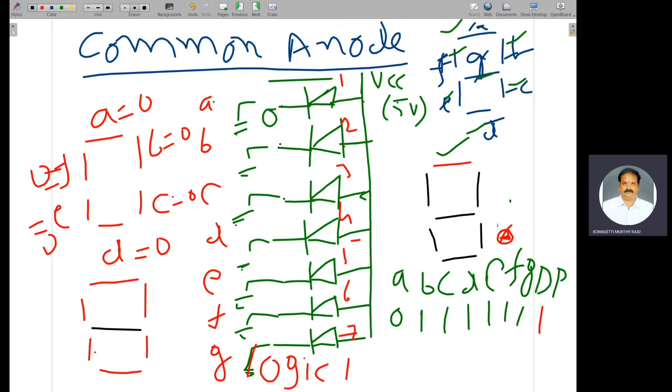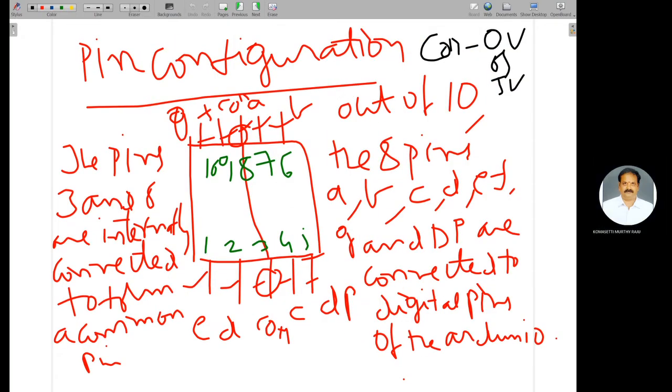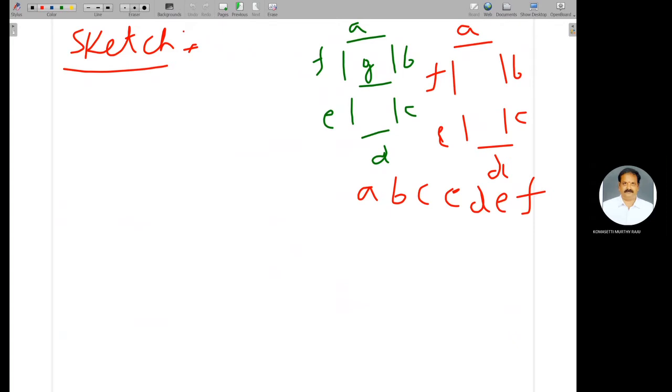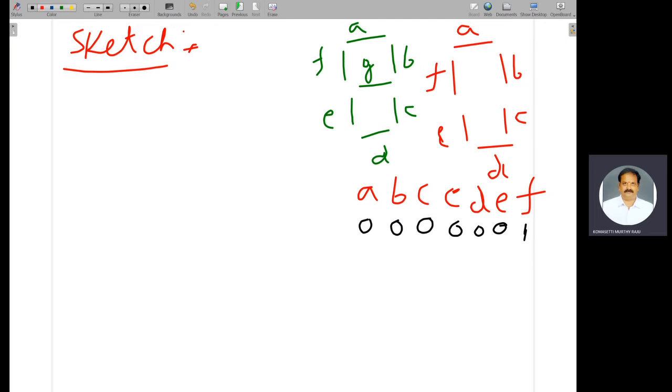By using this principle, here A is connected to 0, B is 0, C is 0, D is 0, E is 0, and F is equal to 1. If you want to display 1, this is the one, by using red color.